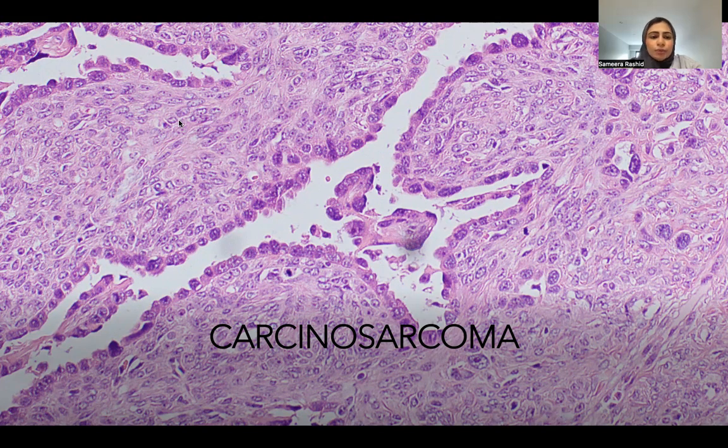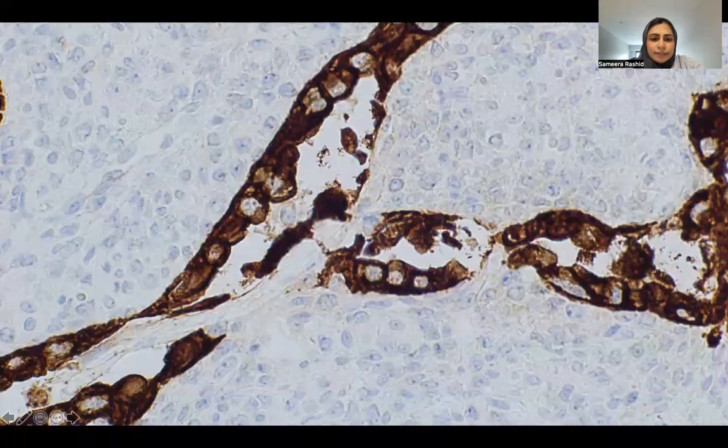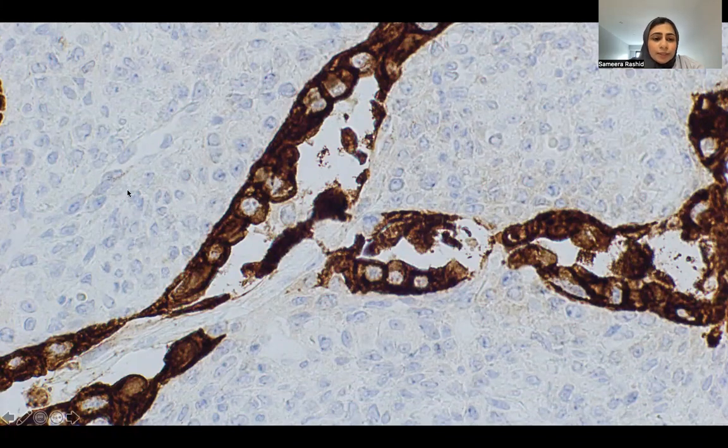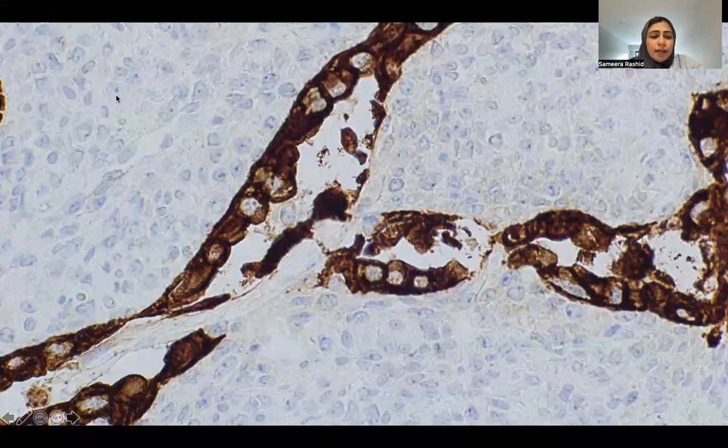Now, how would I know that this is not just carcinoma, differentiated, with maybe some undifferentiated carcinoma? That is by the cytokeratin stain. In this image, you can see that the epithelium is positive, but the malignant mesenchymal component is negative. So this is a carcinosarcoma, associated with worse prognosis.